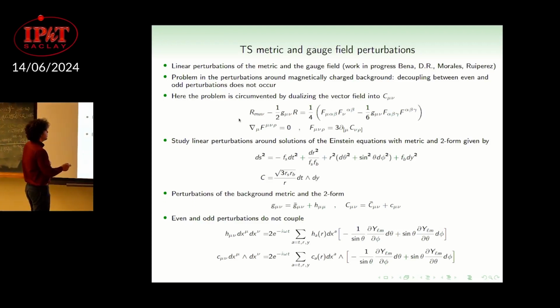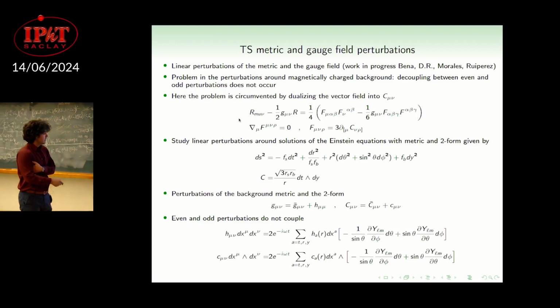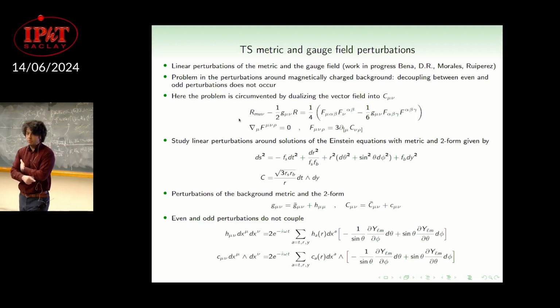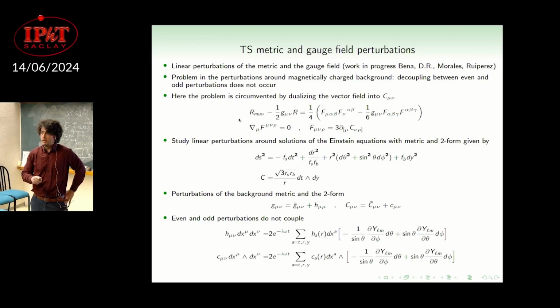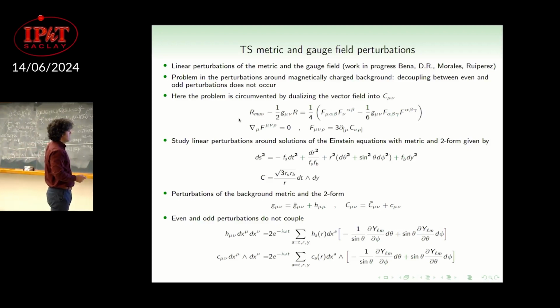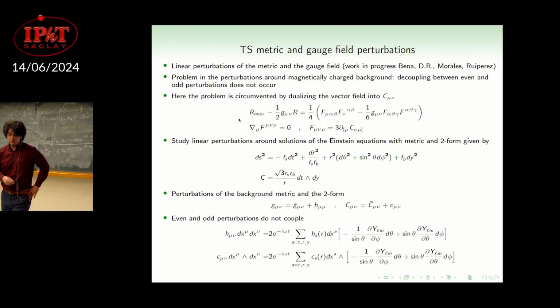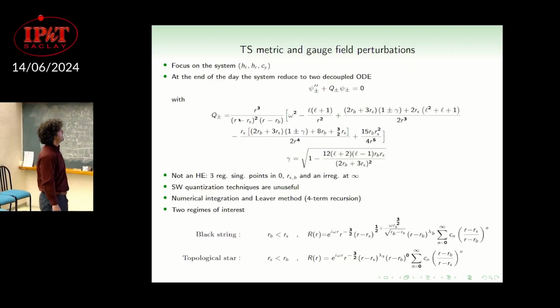The linear perturbation around this solution. This is the ansatz where we already implemented the separation between the odd and the even perturbations. Let me focus on some of the functions of this perturbation; in particular, we focus on 3 of them: HT, HR, and CY.